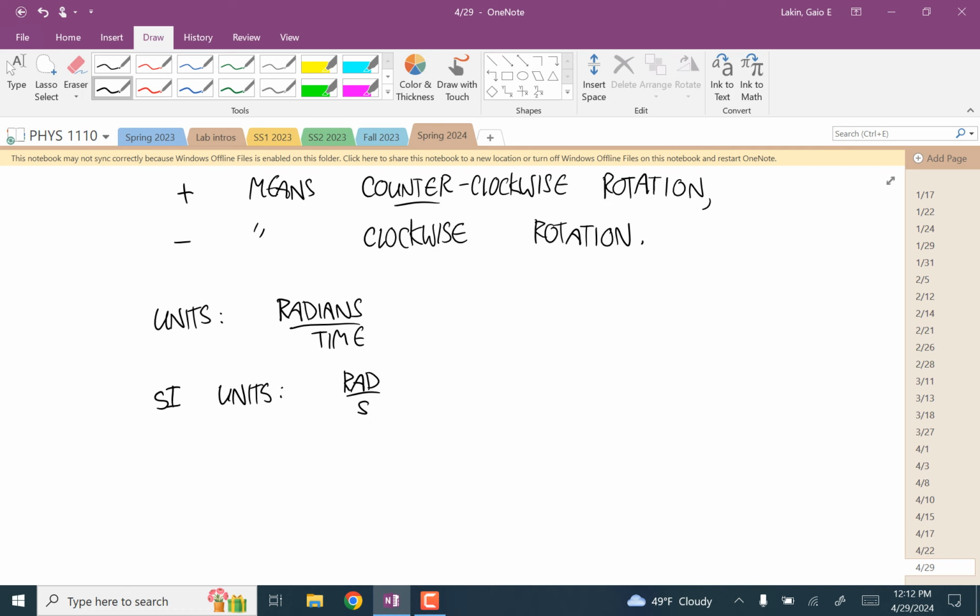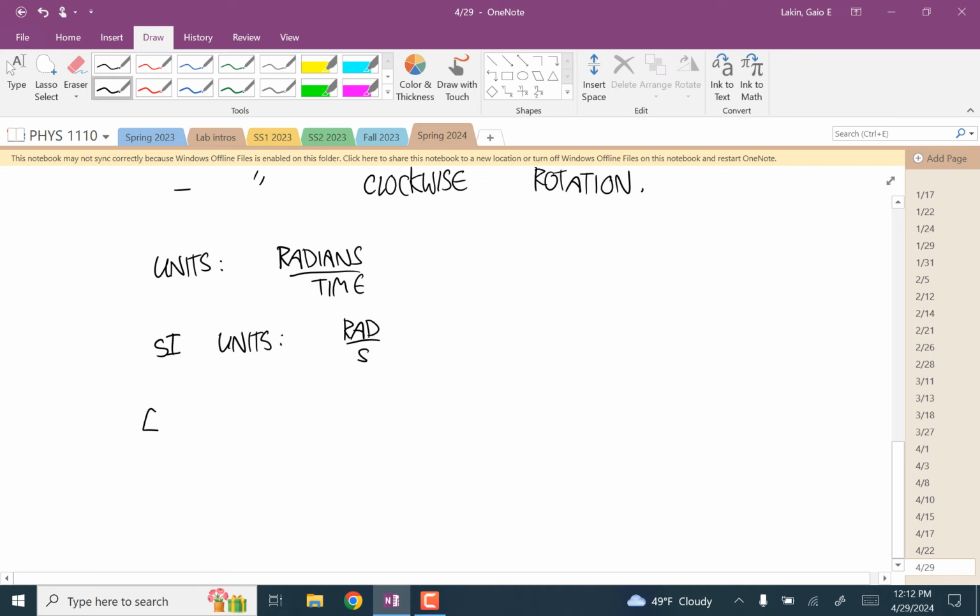Okay, so let's think of some kind of RPM thing, and we'll put that into SI units and express it as an angular velocity.